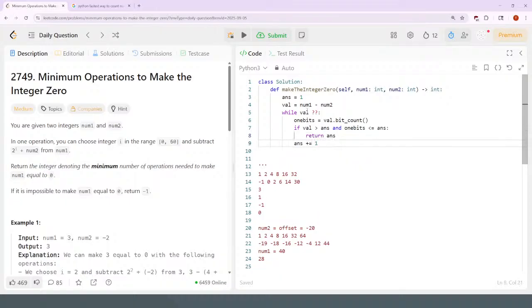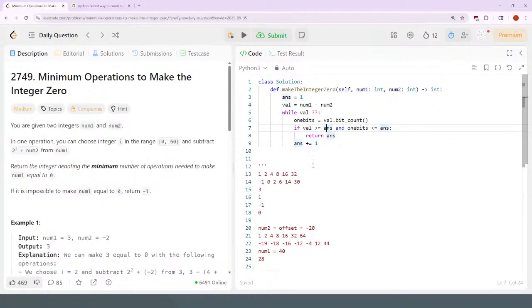So if there's 1 bit that's on and the answer is 1, if the value is at least 1, value is greater than or equal to the answer. So value is at least 1, and there's only 1 bit that's on, then there should be 1 power of 2 that works.